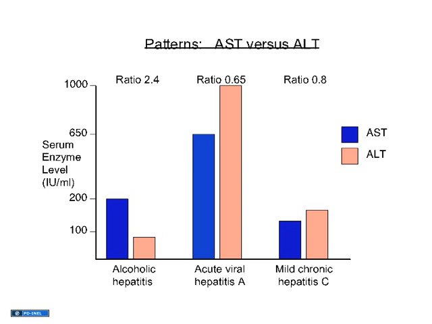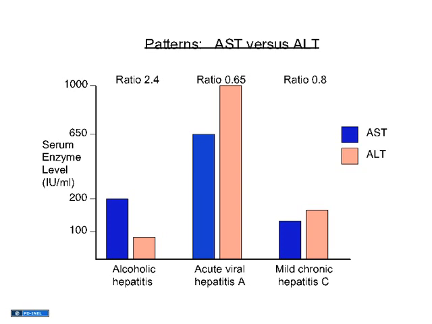So a ratio of 2 to 1 or more is a clue that this could be alcohol-induced liver injury. You also tend to have lower levels for any given amount of liver dysfunction or injury. So we often underestimate how much liver cell damage is going on because these tend to be artifactually low.